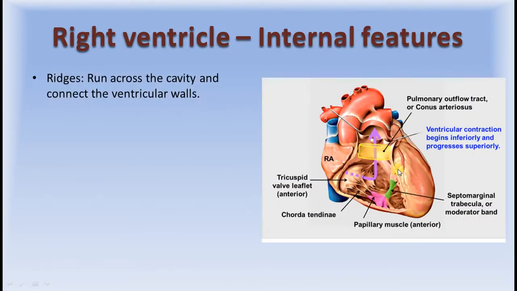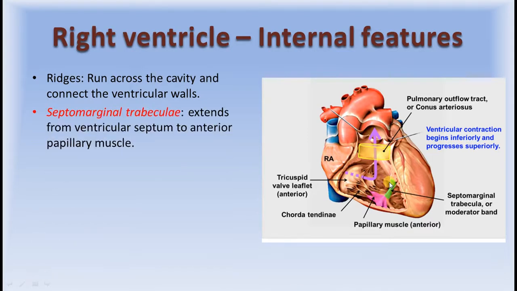Next we are going to discuss the bridges, which actually run across the cavity and connect the ventricular walls. Kindly make a note of it: I have given it as ridges, but it is bridges, because they run across the cavity. One of the bridges is again very important, and it is called the septomarginal trabeculae.